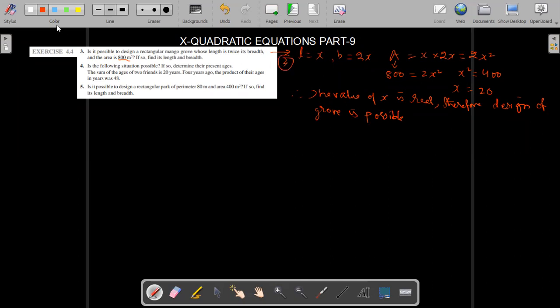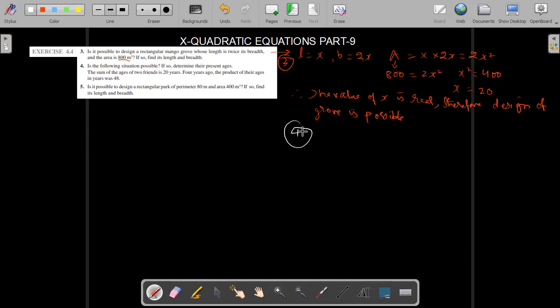Okay, question number 3. So like this we will check. Question number 4: in the following situation, determine their present ages. Sum of the ages of two friends is 20 years. 4 years ago, the product of their ages in years was 48.